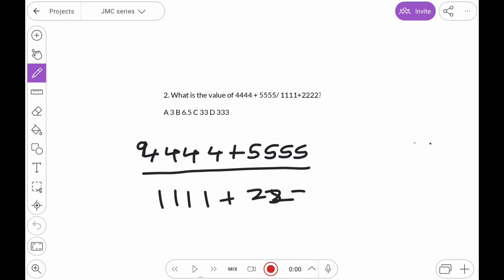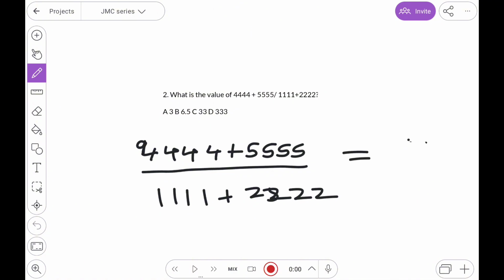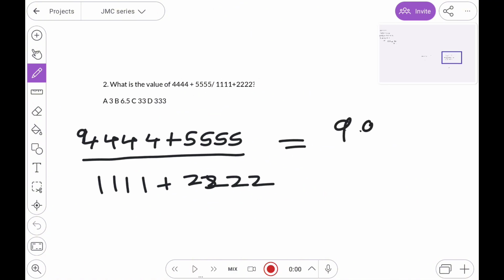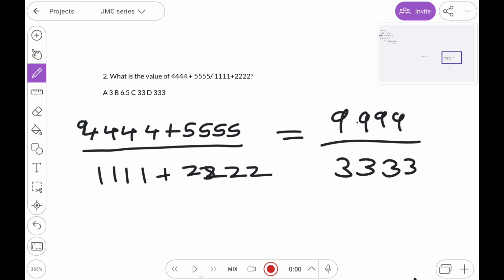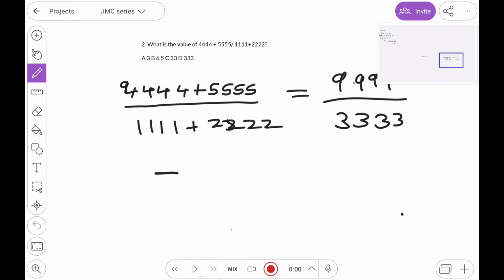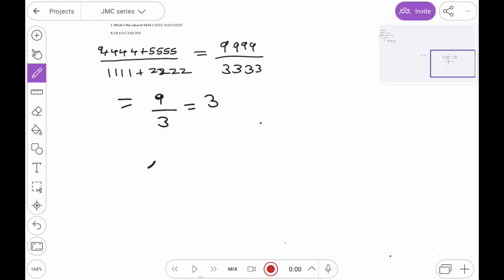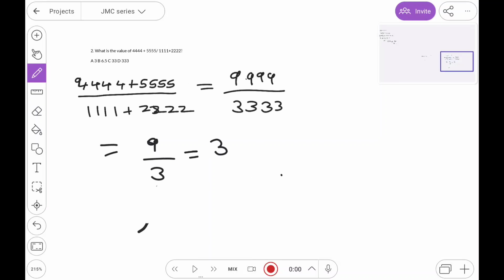So, if we add them up, we get a numerator of 9,999. And a denominator of 3,333. We want to simplify that, so we divide by 1,111. We get 9 by 3, which, as we know, is 3 because we're dividing the numerator by the denominator. That's the simplest way to do it.